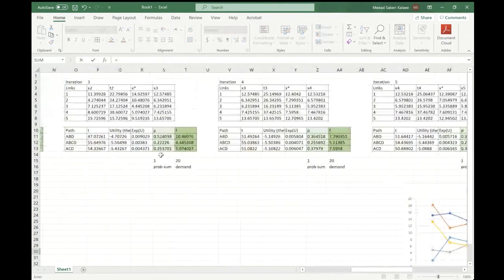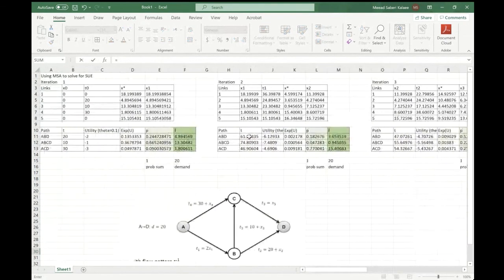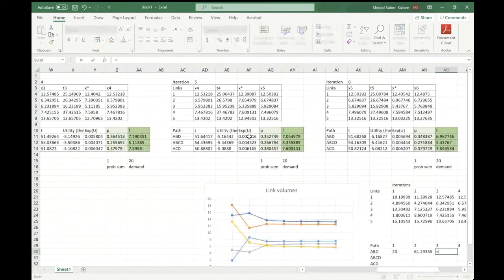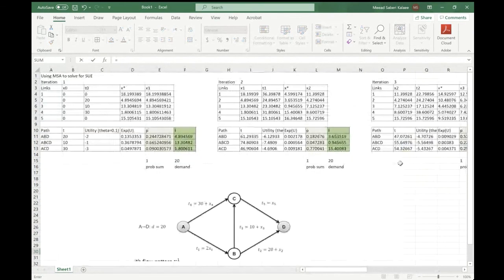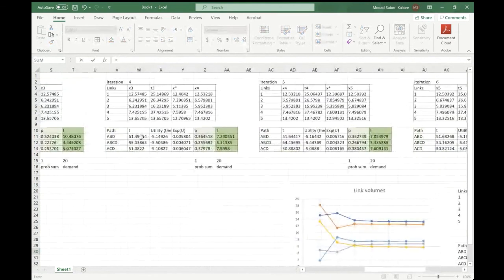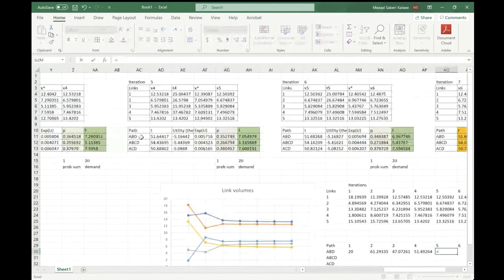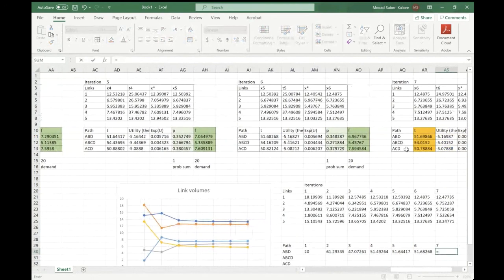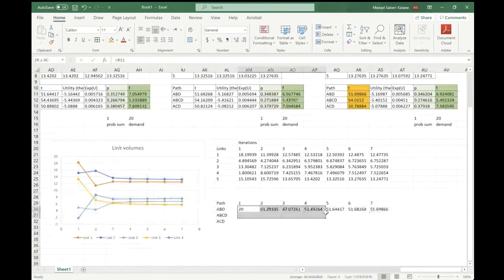Then iteration 2, and 3, 4, 5, iteration 6, and iteration 7.